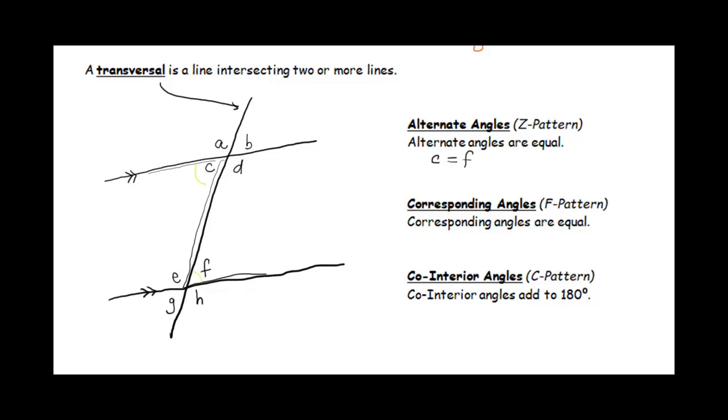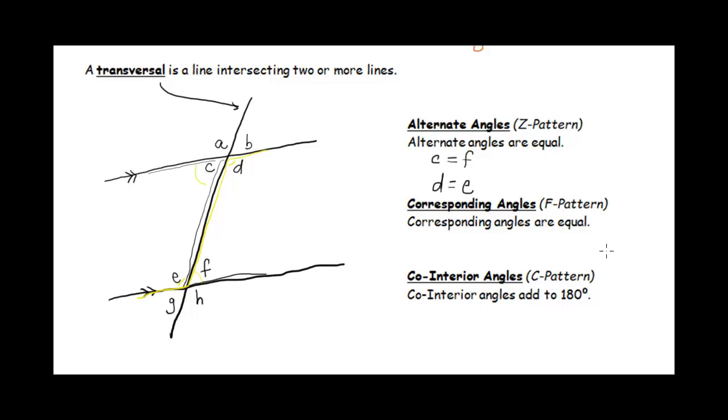If I look at my parallel lines and my transversal, I can also create a different Z, and I can draw one backwards. So I'm going to draw another one that goes this way. It's not really a Z, it's a backward Z. But inside my Z are two more angles, and it tells me that angle D is also equal to angle E. So these are our two Z's that we've created.